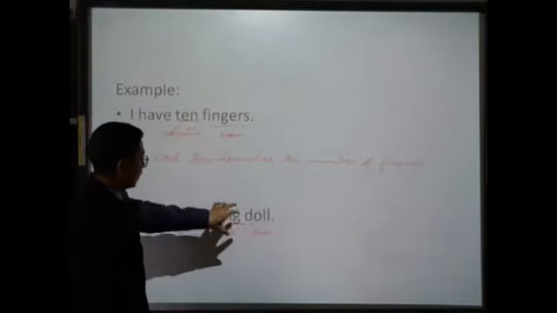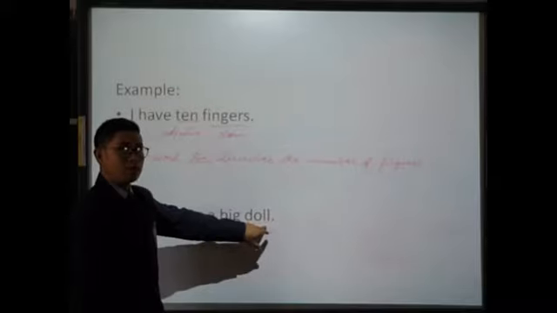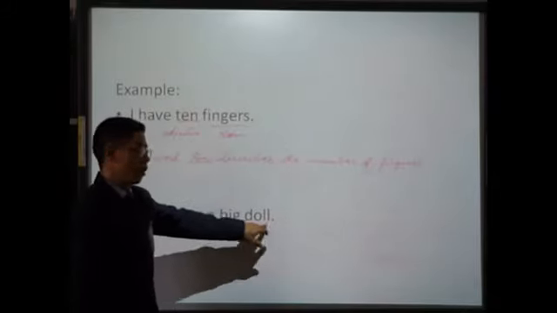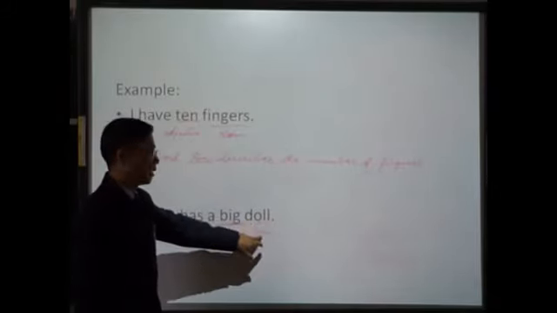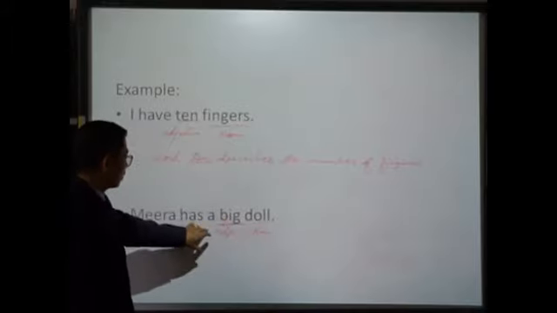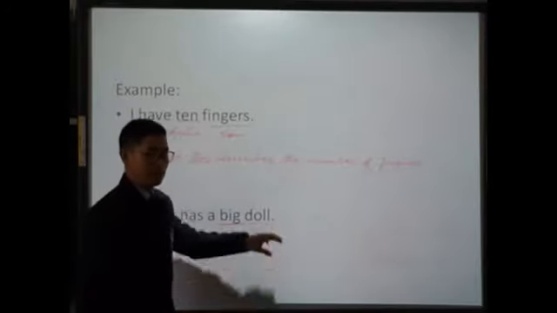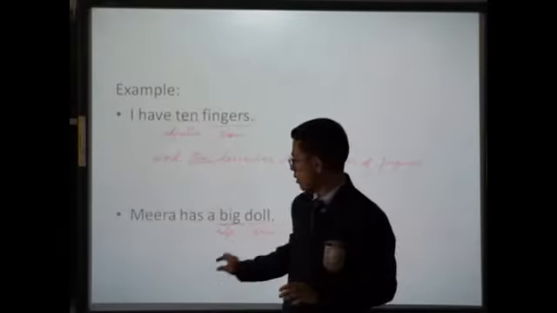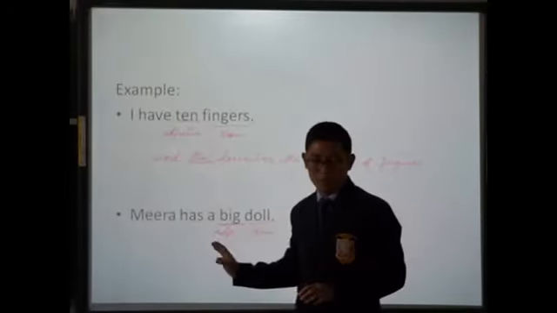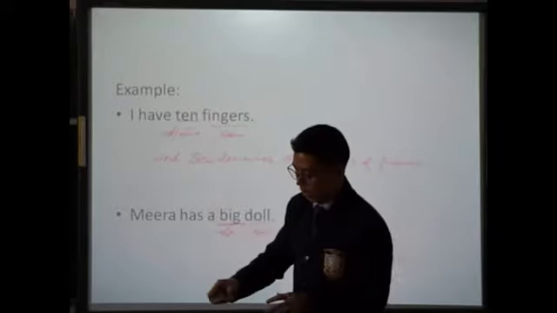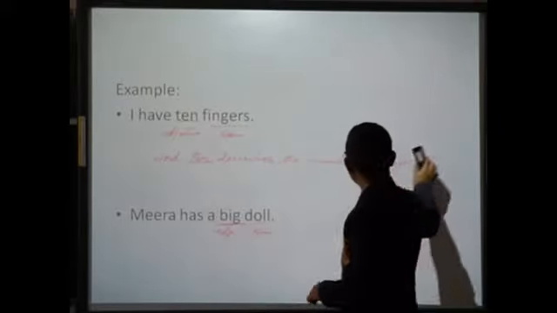Big describes the size of this noun, the size of this dog. So big is an adjective and it describes the size of the noun. The noun here is dog. So I think this is clear.